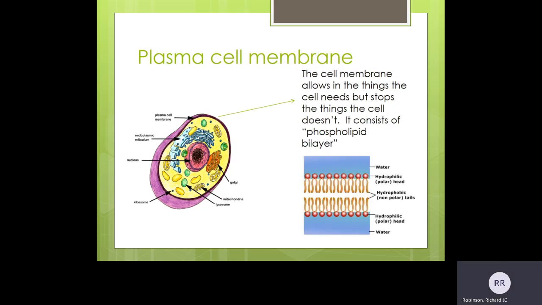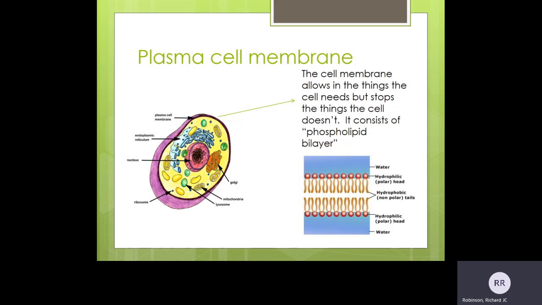Plasma cell membrane. Okay, so your cell only needs certain things within it, and it needs to be held in, like your body. Your skin holds your body in, I suppose. So this is what holds your cell together. It's basically a plasma cell membrane, and it allows things in and it allows things out. So basically it allows waste out and it allows in oxygen and nutrients and food.